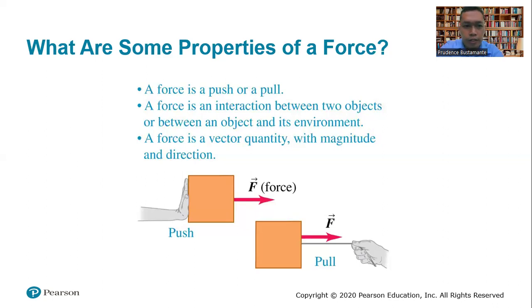Kaning force, vector quantity na siya. Siya ay magnitude, napod siya ay direction. Okay. Tanawon ninyo ang figure din na ay push o na apoy pull. So, muna yung mga properties sa forces. Vector quantity gani, siya ay magnitude, napod siya ay direction. Okay. Padayon ta.